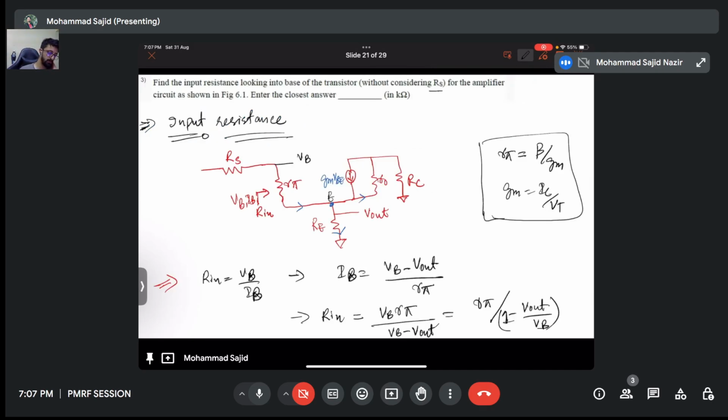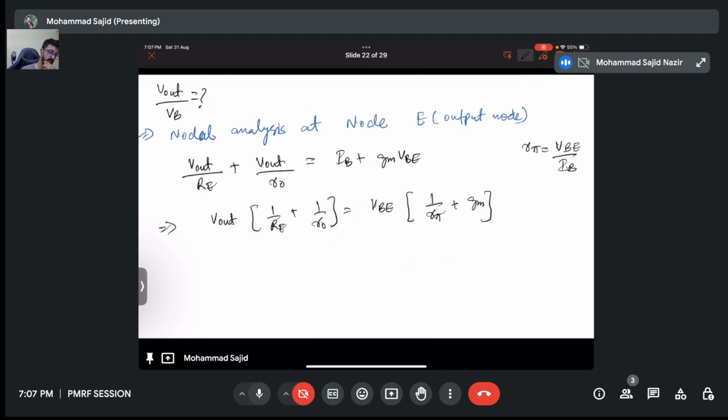This is because potential across this is VBE, current flowing is IB, so I can write VBE is equal to IB R pi. So this is what I have written here.